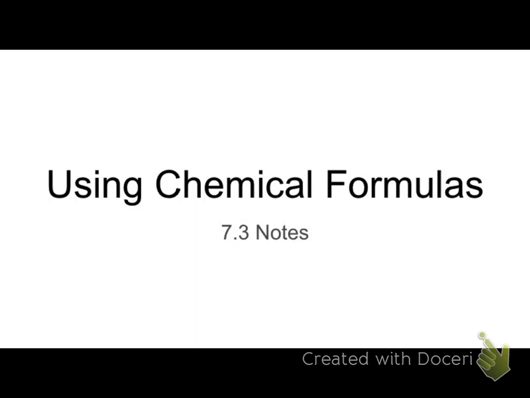And then also, we're going to learn about something called percent composition, and you should be able to use that to determine number of moles or number of grams of a certain element in a compound. Okay?